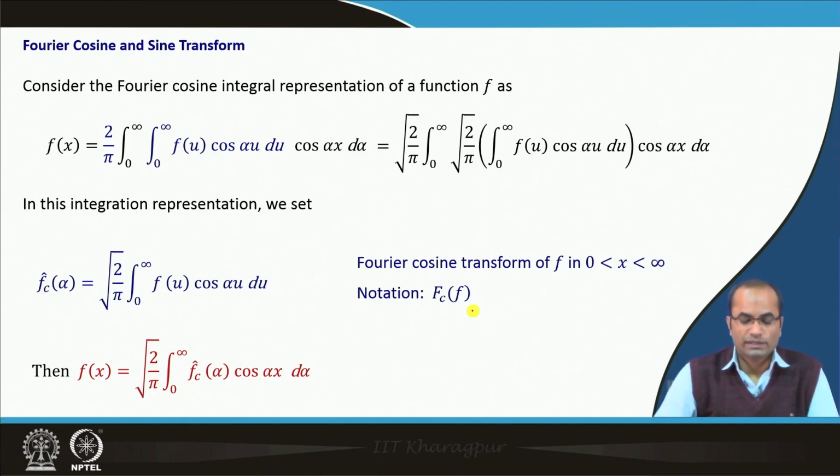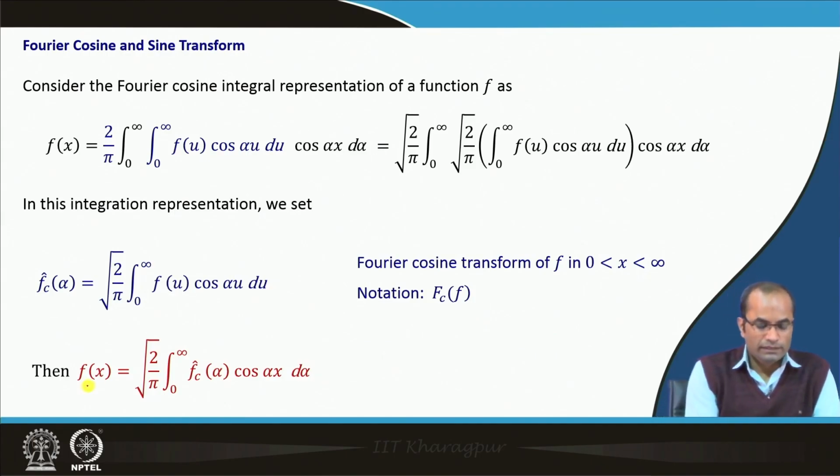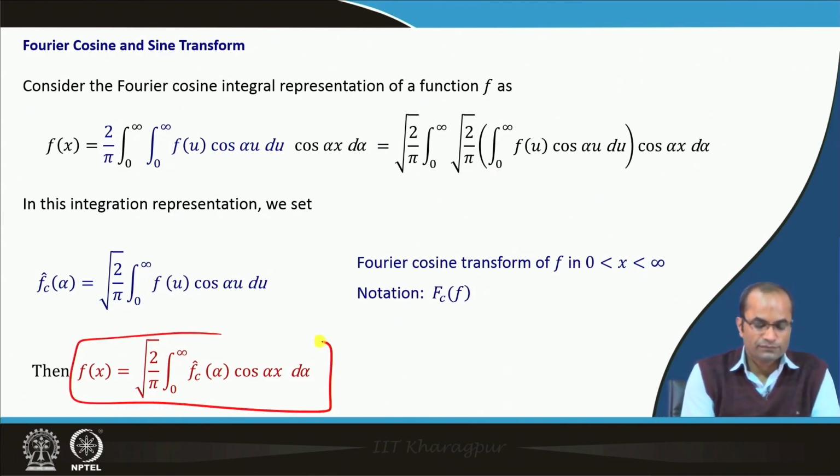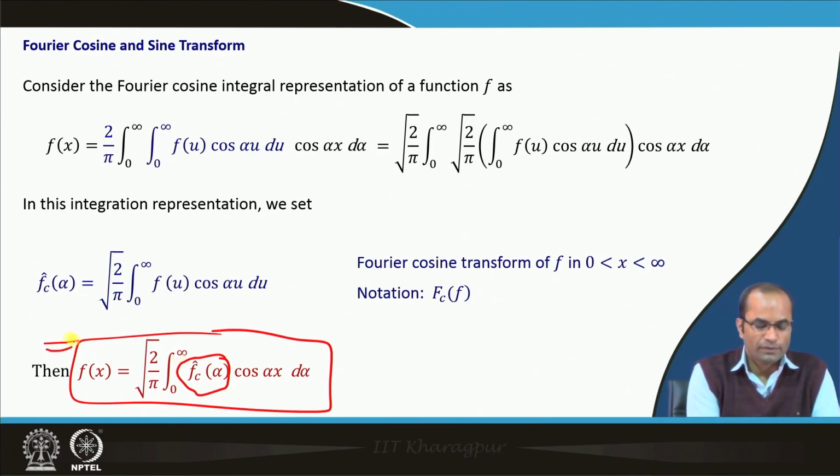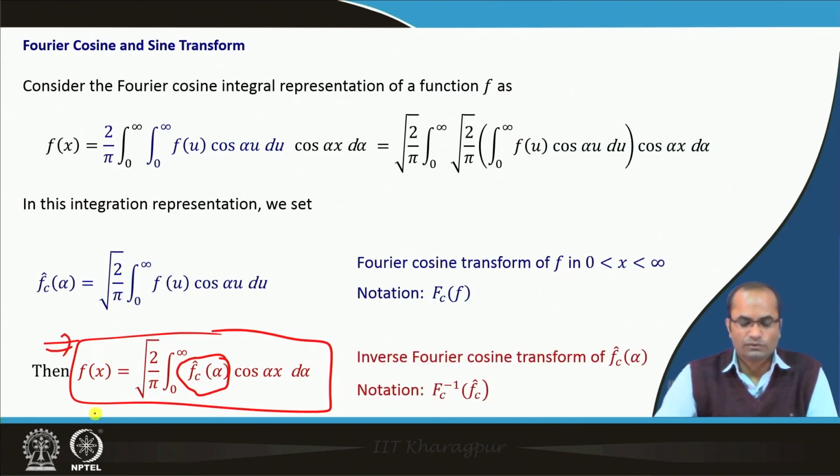So, that is what we use as a kind of operator or notation for getting the Fourier cosine transform. Similarly, having this Fourier cosine transform, a function of alpha, we want to get back to the original function. So, this formula may be used, and therefore this is called the inverse Fourier cosine transform of this f hat c of alpha, and the notation we use here is F c inverse of f hat c.